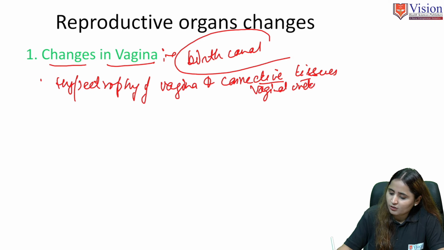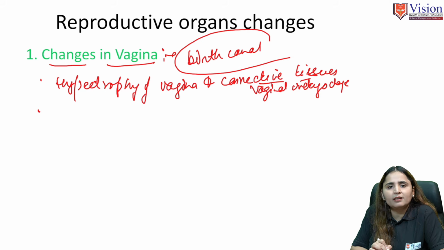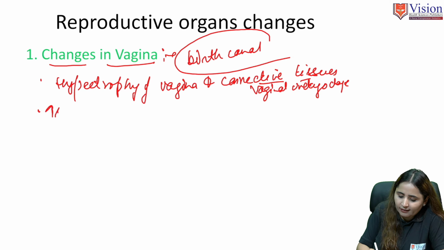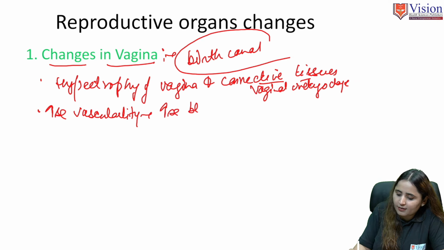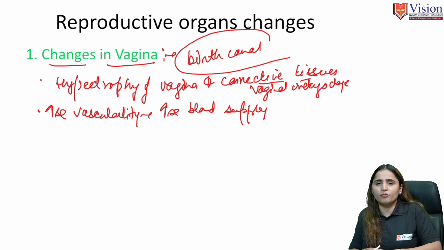Apart from hypertrophy, there is an increase in vascularity. Increased vascularity, my friends, means an increase in the blood supply. So there is hypertrophy and an increase in the blood supply to the vagina.